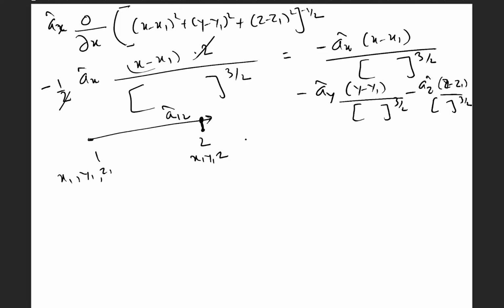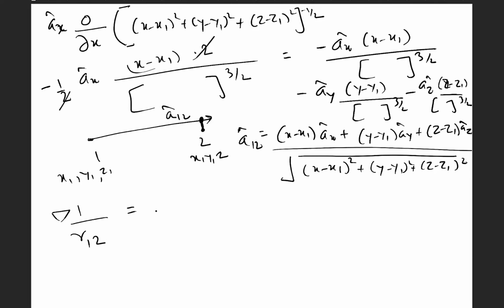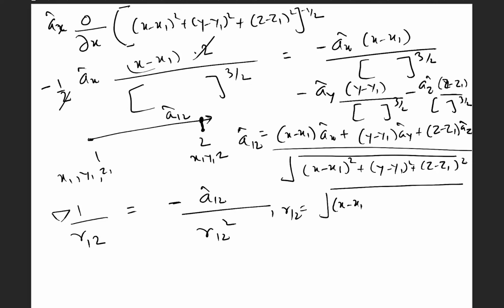The unit vector a12 is simply (x minus x1) ax vector plus (y minus y1) ay unit vector plus (z minus z1) az unit vector, all divided by the magnitude of this vector, which is the square root of (x minus x1) squared plus (y minus y1) squared plus (z minus z1) squared. So you see that the gradient of 1 by r12 is simply minus a12 over r12 squared, where r12 is the square root of (x minus x1) squared plus (y minus y1) squared plus (z minus z1) squared. This is an important result which will be utilized later on.